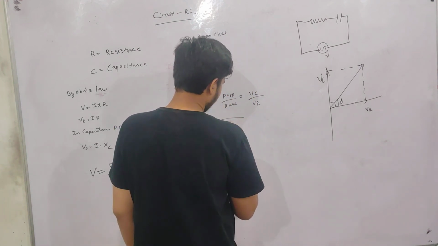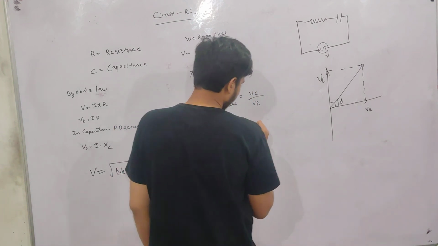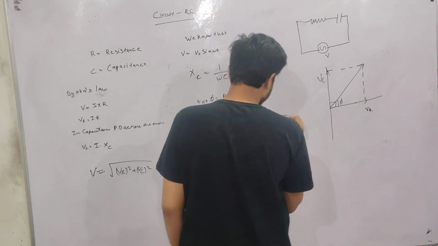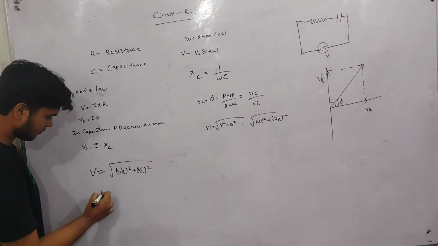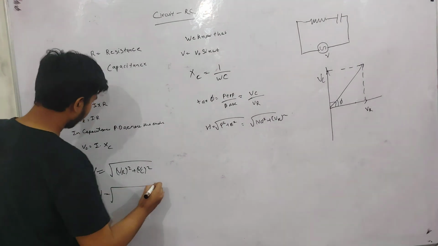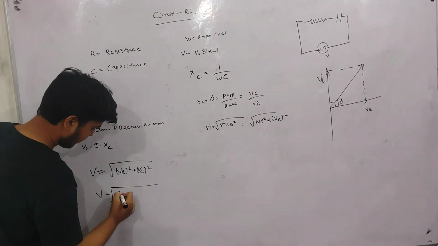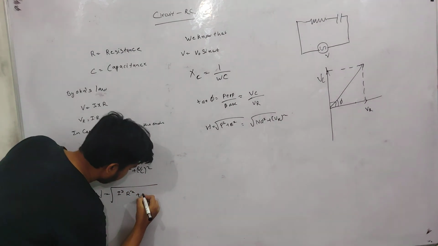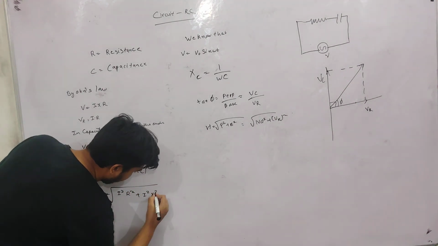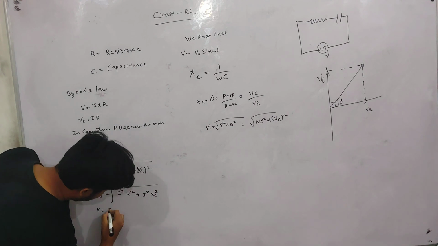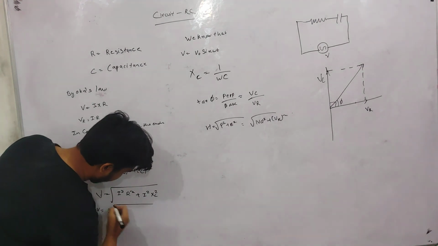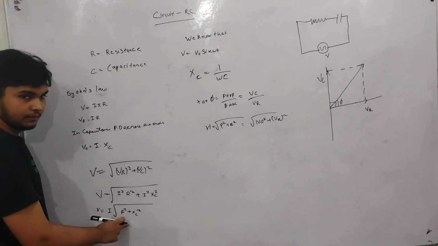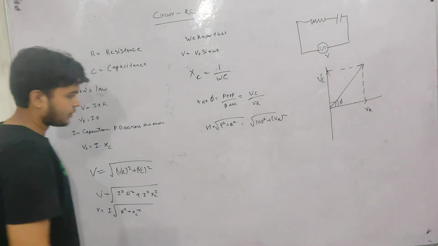Hypotenuse H equals under root P square plus B square, so V equals under root VC whole square plus VR whole square. The value of VR is I into R, so I square R square, plus the value of VC will be I square into XC whole square. V equals I outside, so I square, R square plus XC square will remain under root.